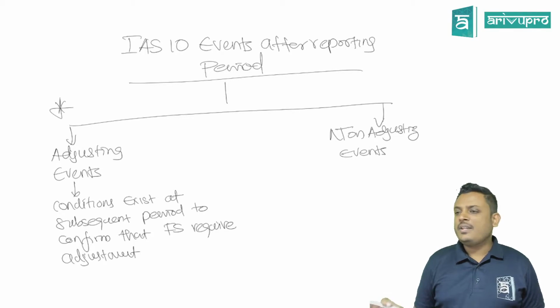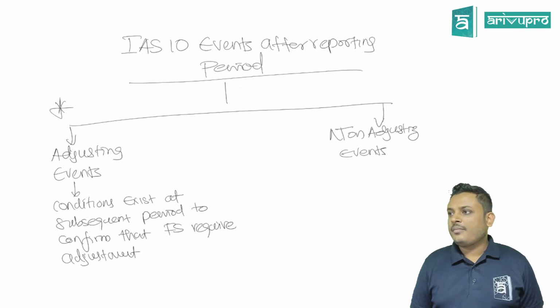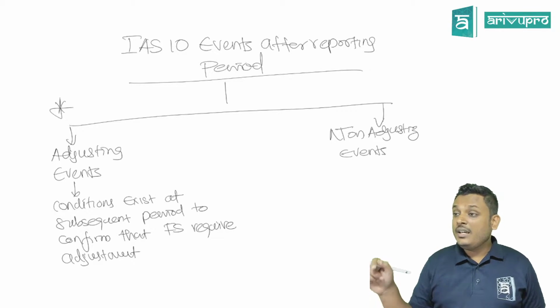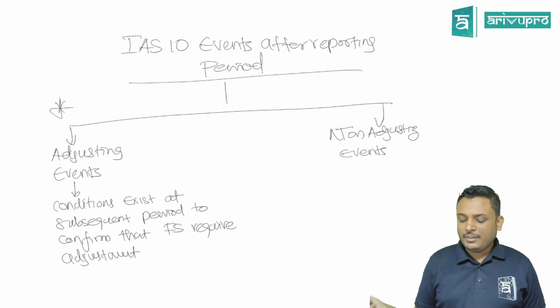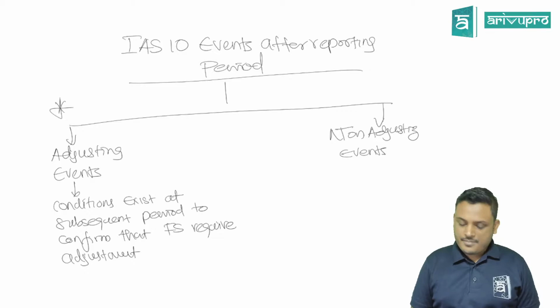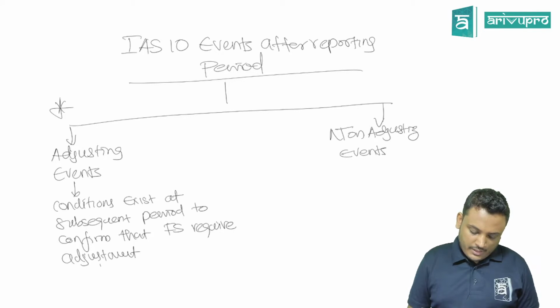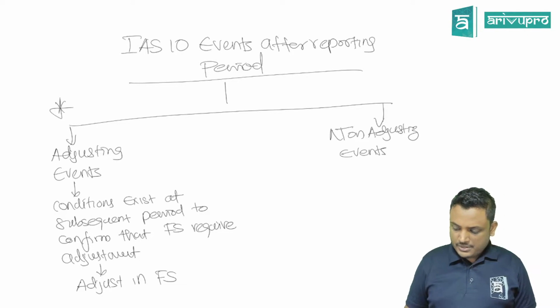Subsequent means events after reporting period. I'll tell you what is subsequent period. The condition exists, but actually the particular thing is related to the current year. This should be adjusted in financial statements.